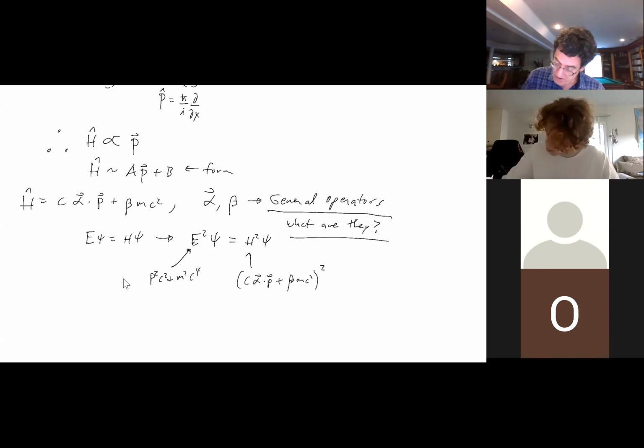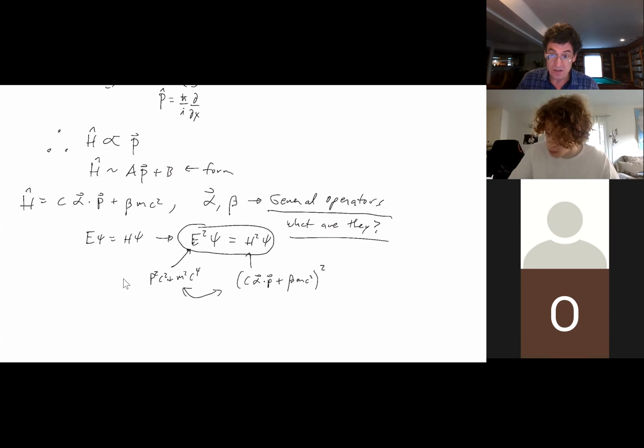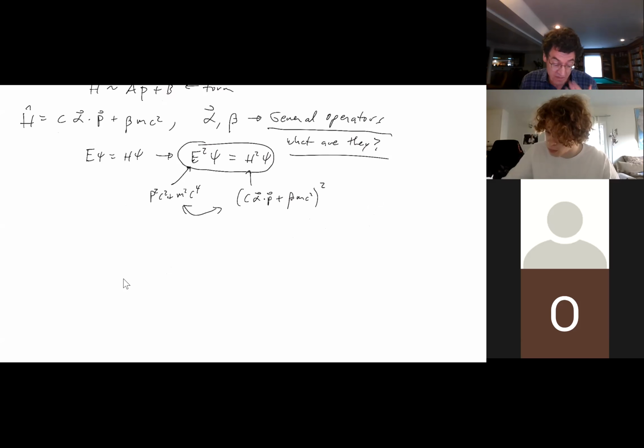And so then when you equate these things, you get a bunch of algebra that we did last time, and I certainly won't recreate that.